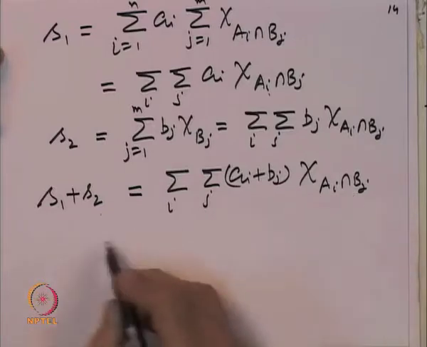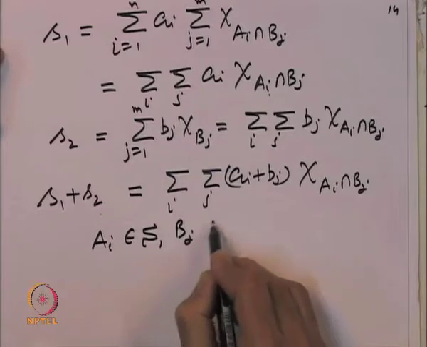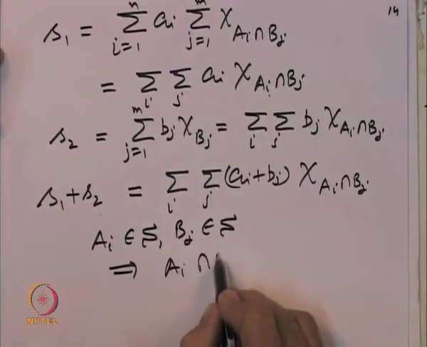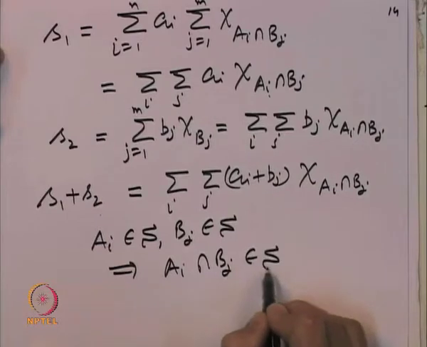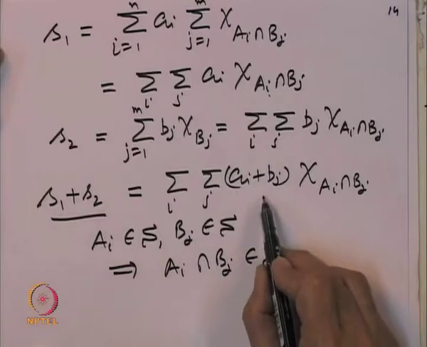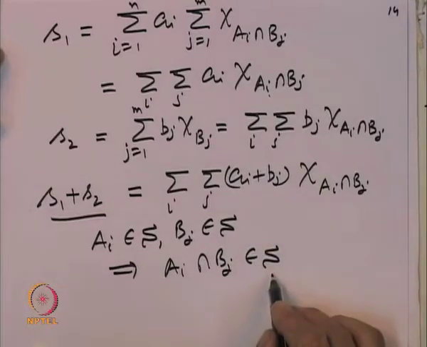And now, since the A_i belong to the sigma algebra and the B_j's belong to the sigma algebra, that implies A_i intersection B_j also belongs to the sigma algebra. So, S 1 plus S 2 is written as a linear combination of indicator functions of sets which are in the sigma algebra.